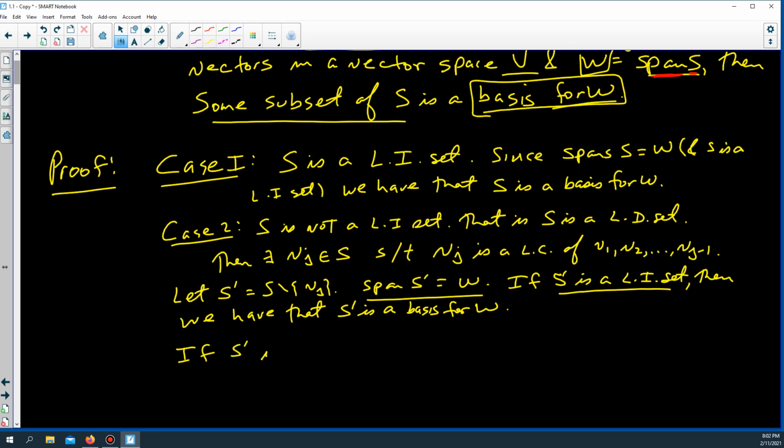If S prime is linearly dependent, then there exists a V sub k, and k is clearly bigger than j, such that V sub k is a linear combination of the preceding vectors V1, V2, up to V sub k minus 1.